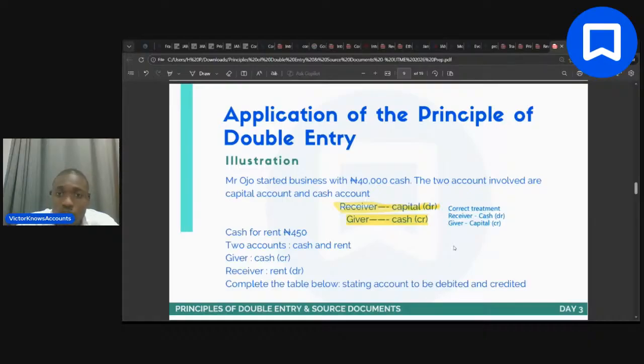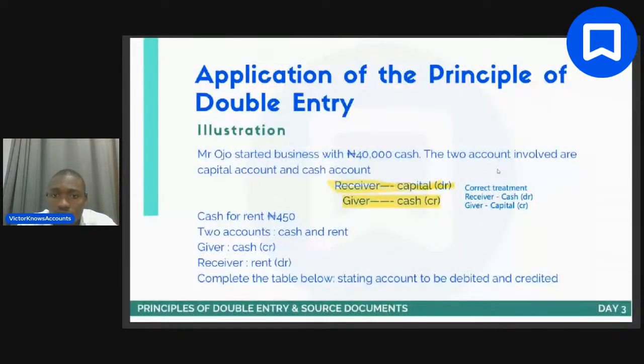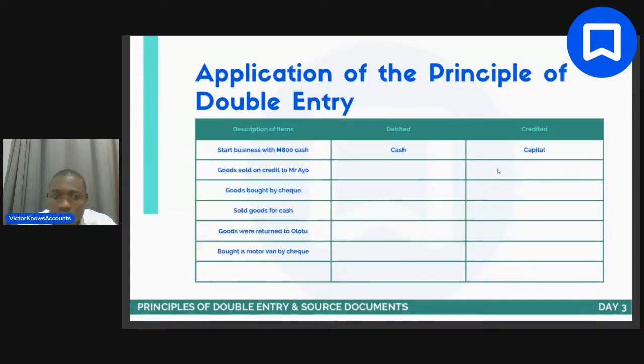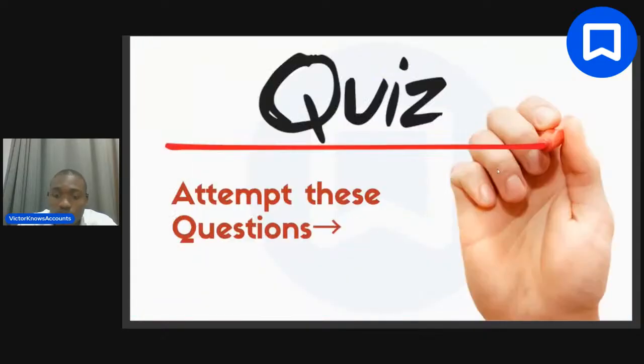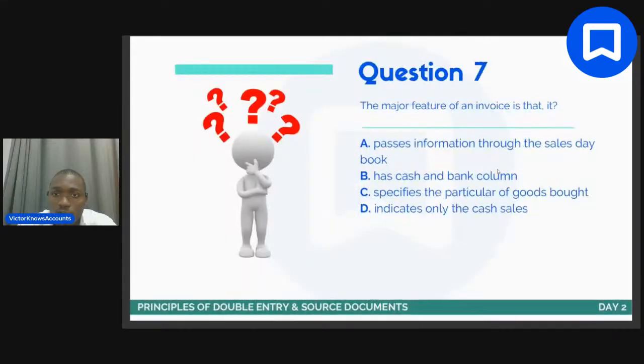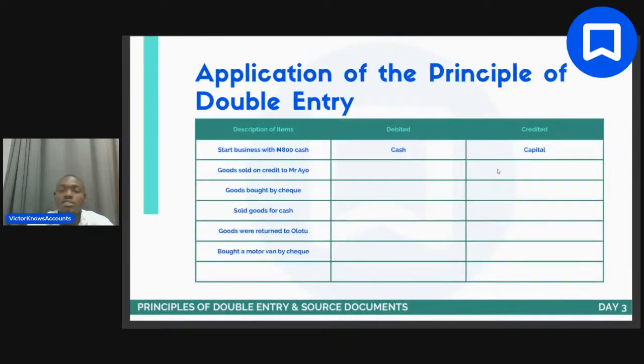So now let's complete the table that we have below. We'll just go through it briefly before we go to our quiz. And if our time does not permit us, we can work on our quiz in the next lecture.